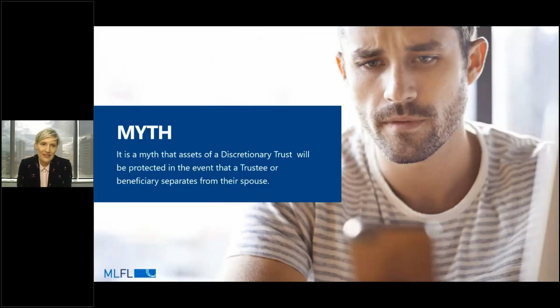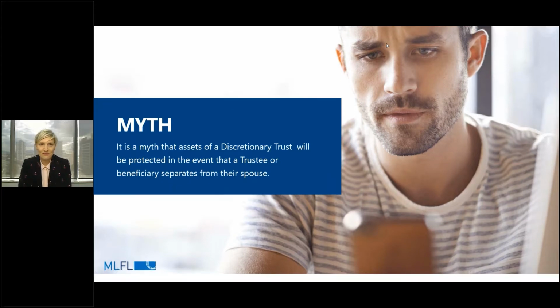It is a myth that the assets of a discretionary trust will be protected in the event that a trustee or beneficiary separates from their spouse, and it is considered on a case-by-case basis. So we will go through some case examples through today's webinar.